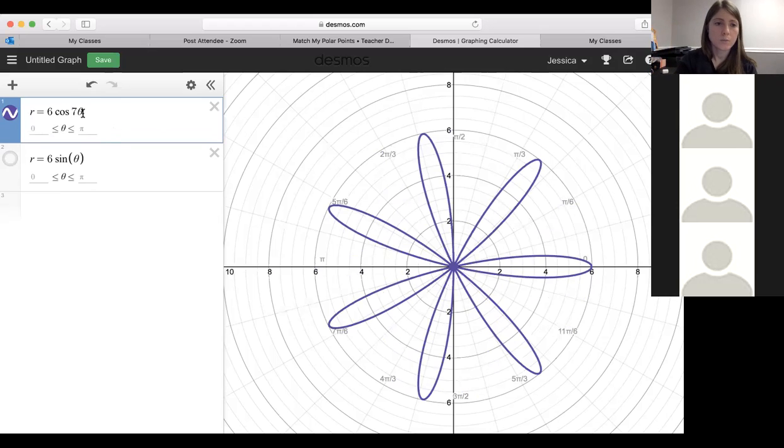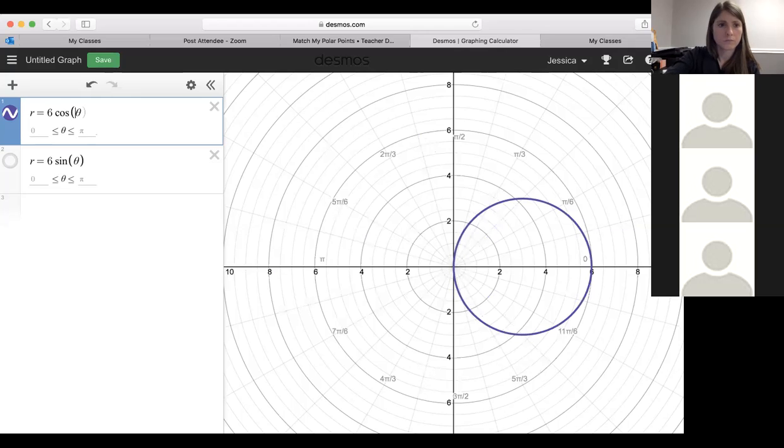And I do want you to be familiar with, just for later reference, 6 cosine theta, 6 sine theta. Both of those, when they just involve cosine or sine and a speed of 1, give us a circle. Otherwise, they do something different. If we have a little bit of extra time, which I don't know that we will this semester, we might come back and do some more fun stuff in polar.